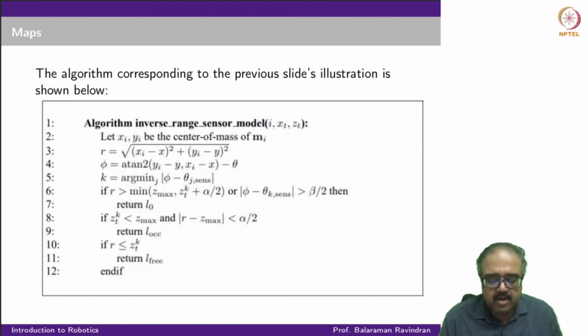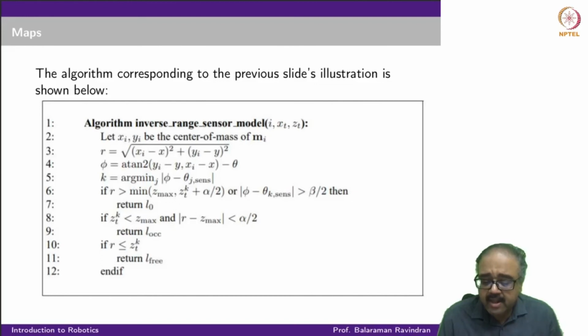Now, if this object is farther away than the maximum range of the sensor, or where the sensor says there is an obstacle, whichever is the minimum of the two, then I say that I don't know anything, so I'm going to return l_0.